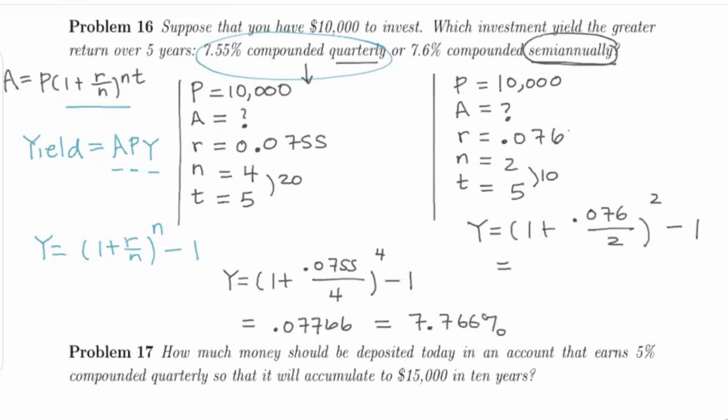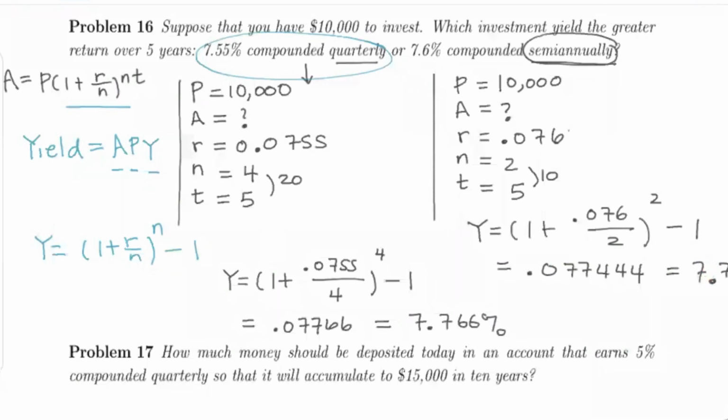Jason, anyone? I'm still plugging it in. I got 1.08. It has to be a decimal, 0.0 something. Adam, I got 0.0774444. Oh, I didn't subtract 1. Yeah, you subtract 1. So this is 7.74%.